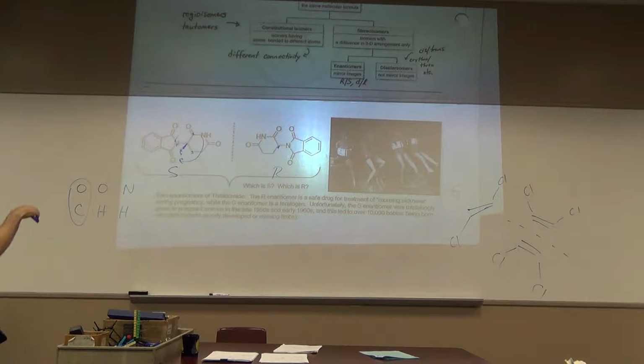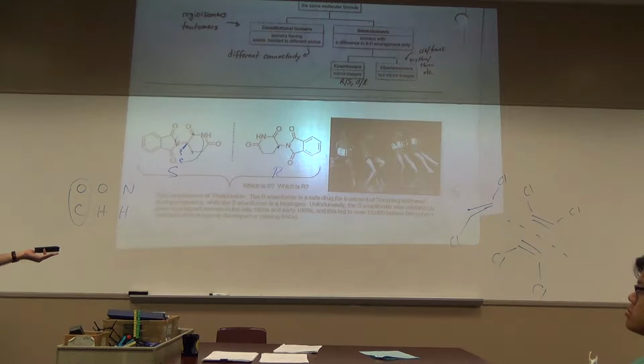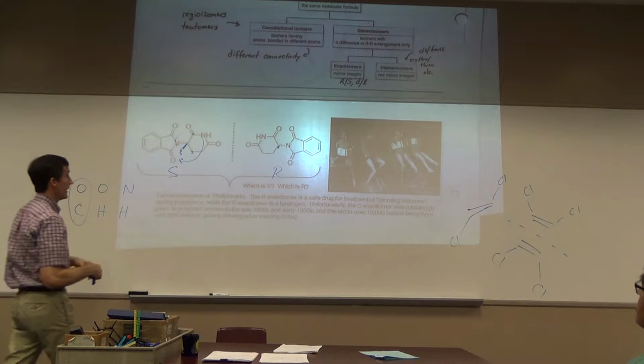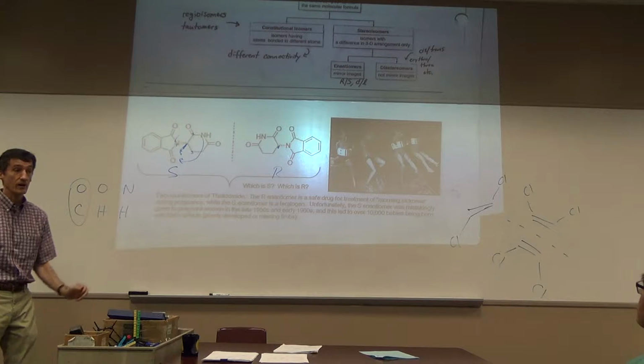When the research was going on, they made R, they tested R, but when they started manufacturing it, somehow they started manufacturing both. It's like a racemic mixture, a 50-50 mix. And the S is actually a toxic teratogen, where R is not.